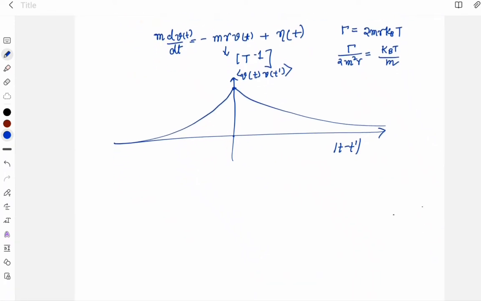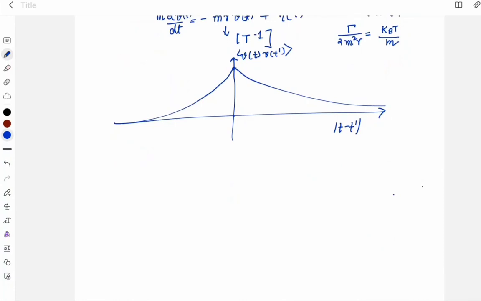Now let us do some calculation. Before that, we have to understand one thing, that this drag m gamma is coming from the fluid viscosity.